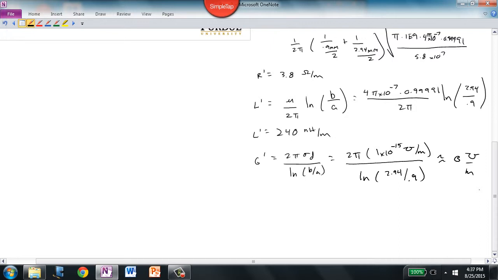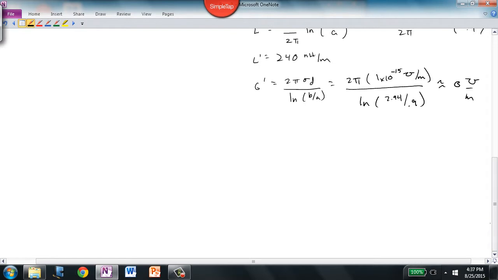Next, what we want to calculate is the distributed capacitance, C prime. And for a coaxial cable, it's 2 pi times epsilon divided by the ln of B divided by A. That's going to be 2 pi times 8.854 times 10 to the minus 12 farads per meter.